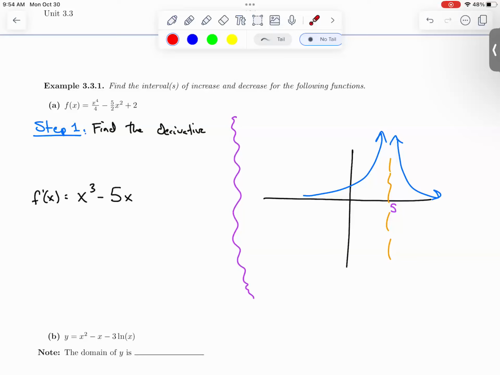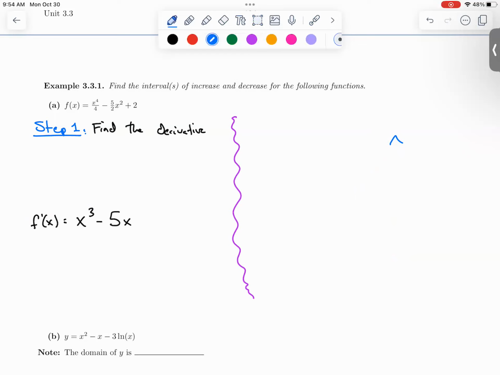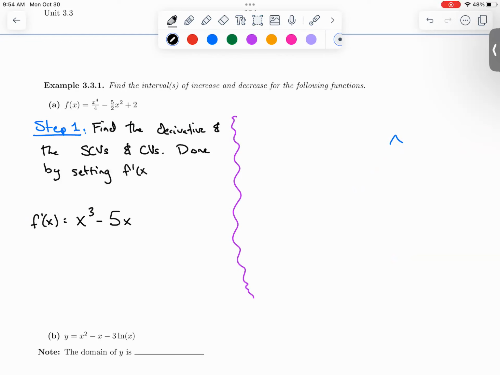So what we need to do, so I'm going to bring this down just a little bit more to make sure I have enough space. Step one is find the derivative and the SCVs and CVs, done by setting f prime of x equal to 0 and DNE.